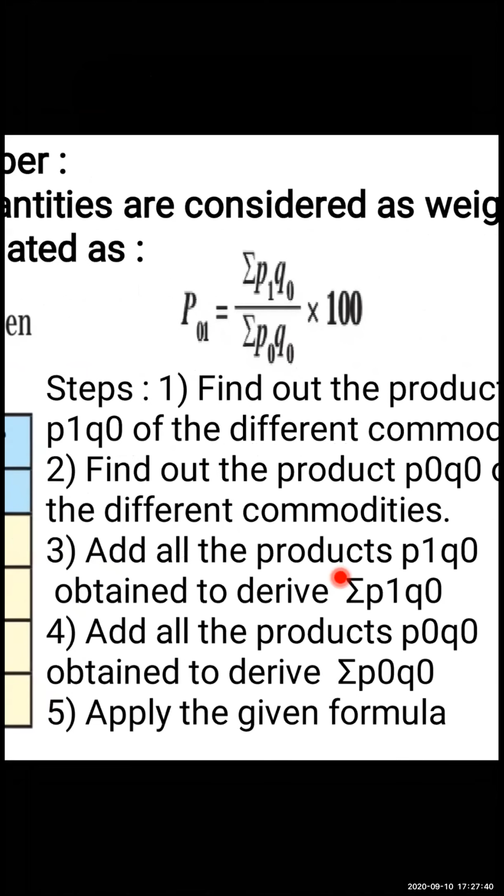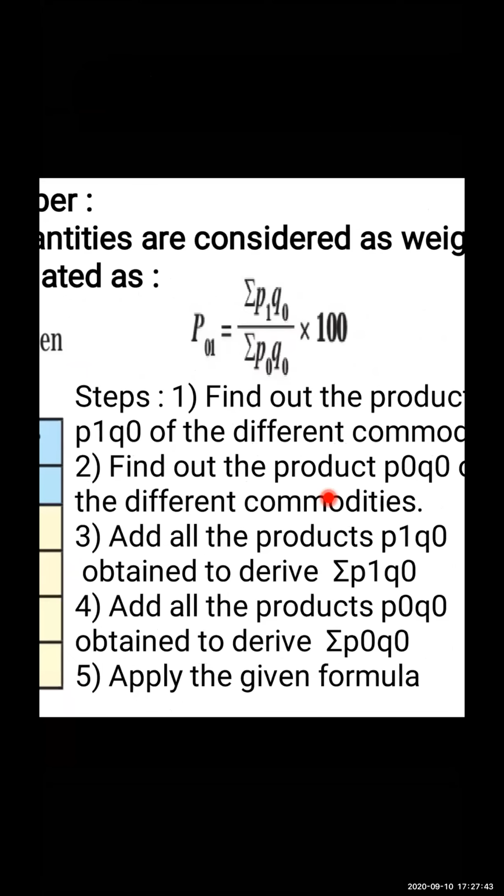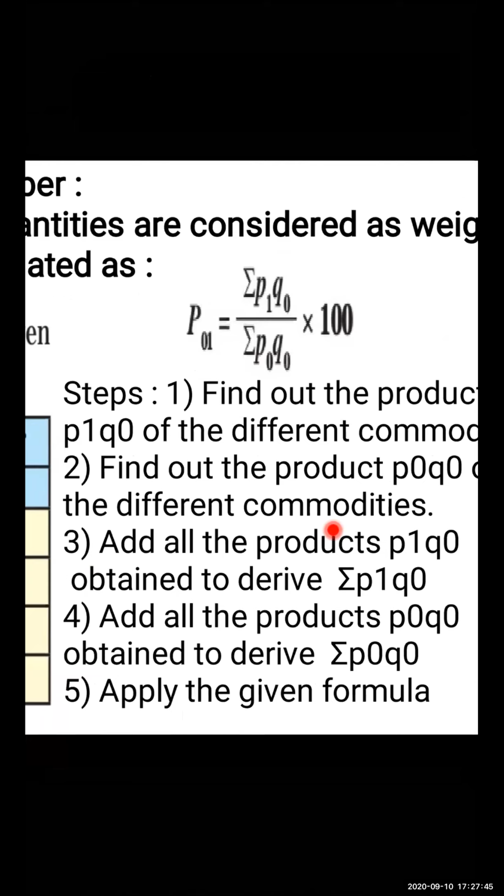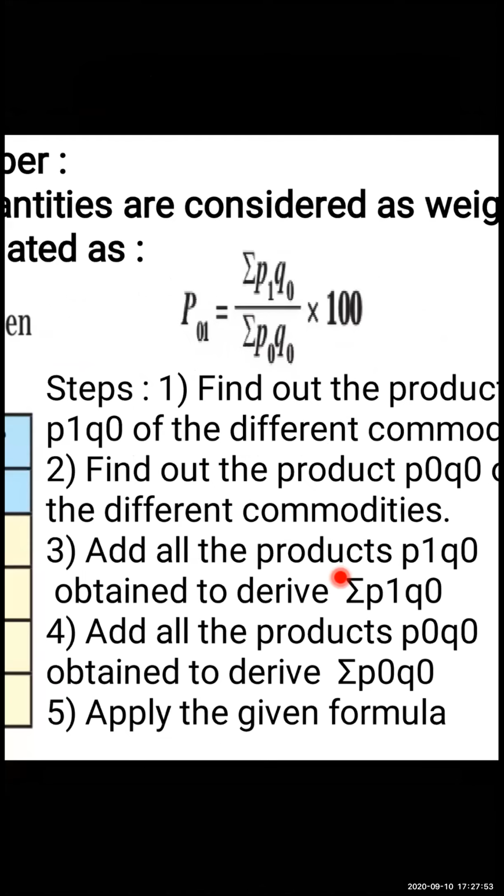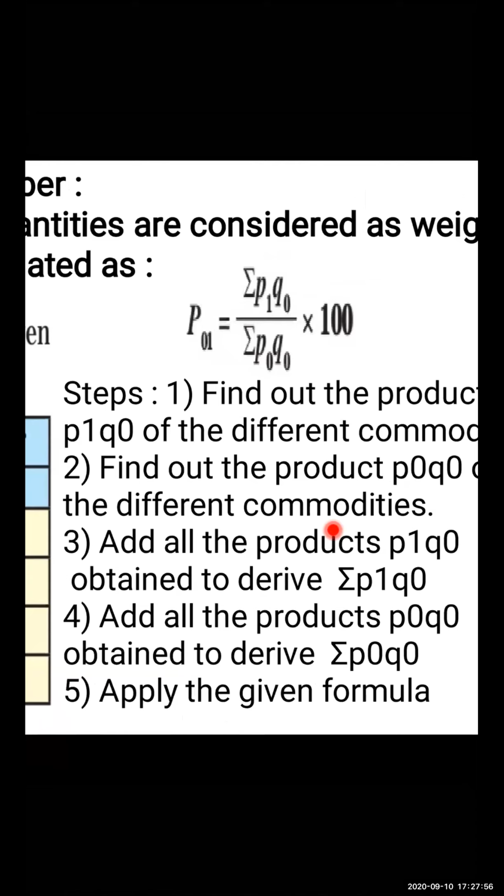Your formula is capital P01 is equal to sigma P1Q0, P1Q0 should be small, divided by sigma P0Q0, into 100.